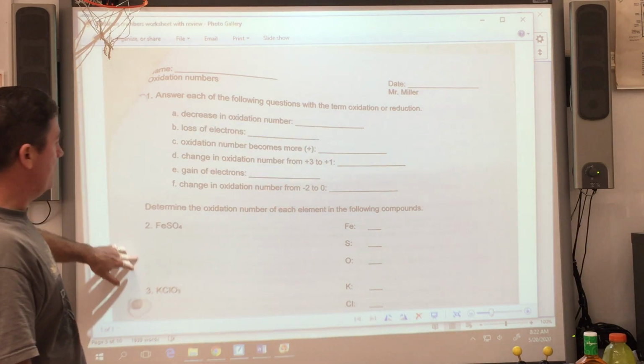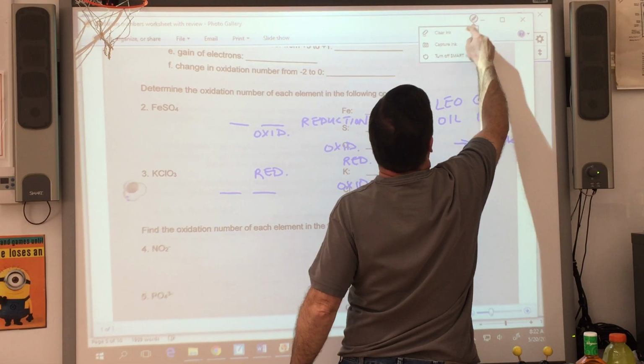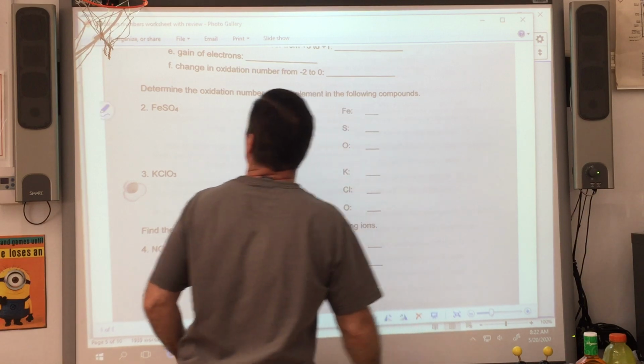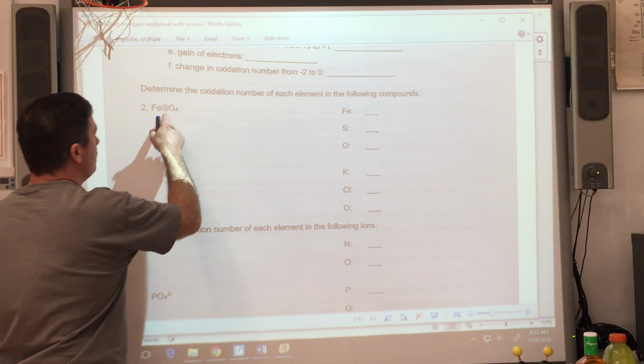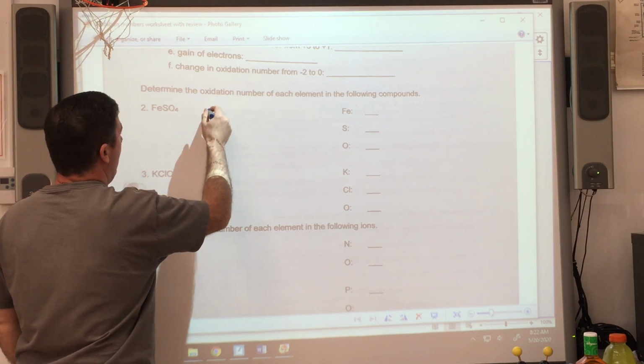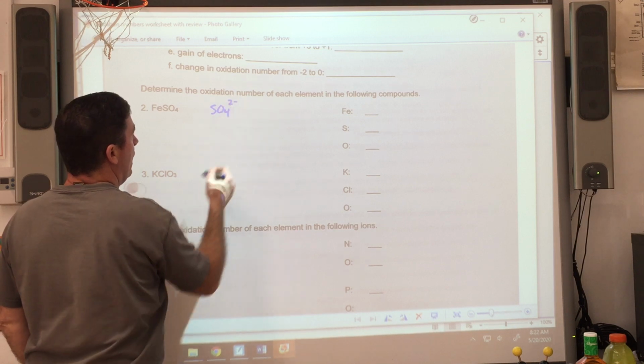Now, more practice finding oxidation numbers. Okay, FeSO4. Well, from table E, I know that SO4 is a 2- ion.